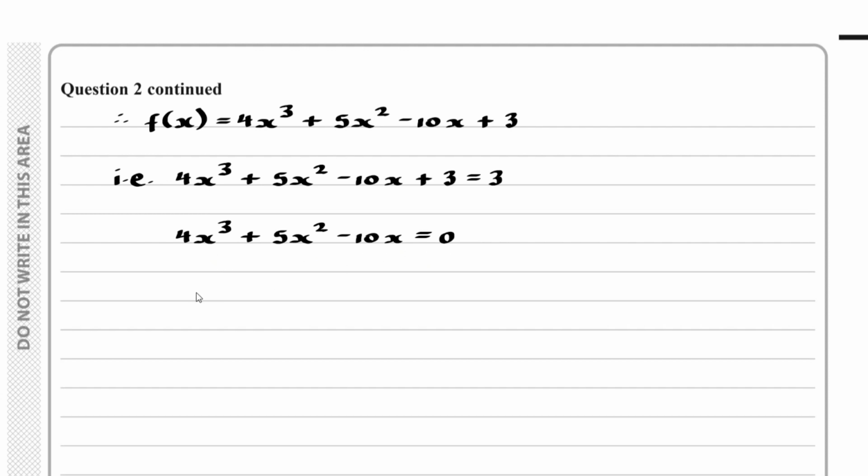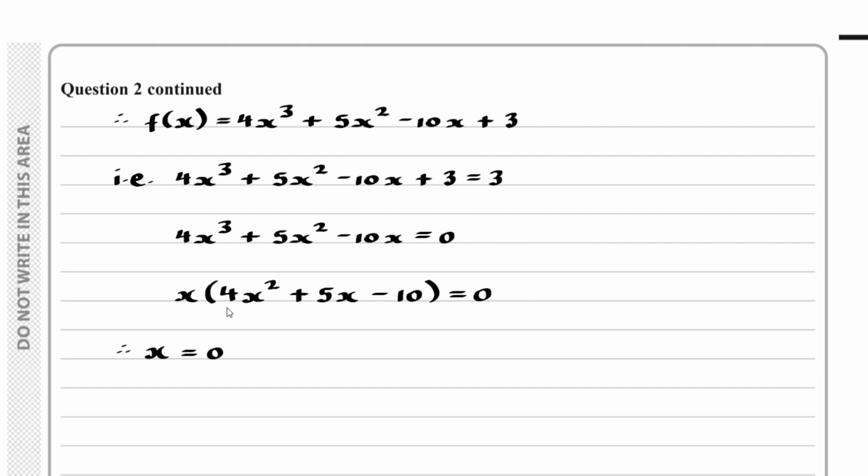Each term contains an x, so we can factorize out an x. So we have x multiplied by 4x squared plus 5x subtract 10, and this is equal to 0. And what we are required to do is solve this equation. Well, clearly we see one of the solutions is x equals 0.